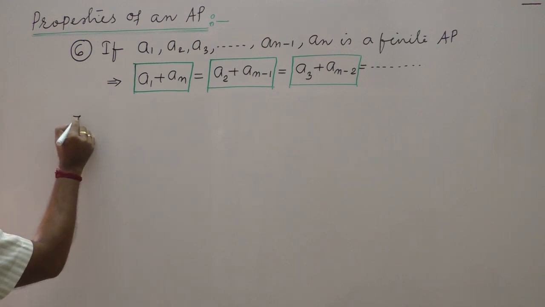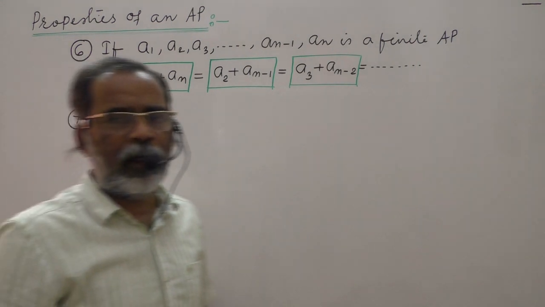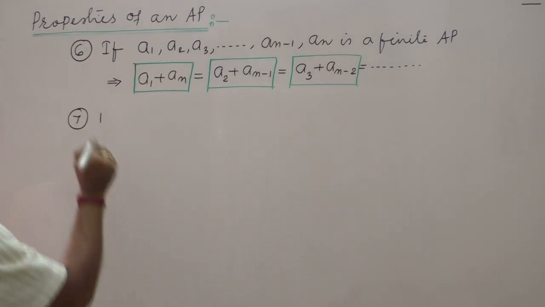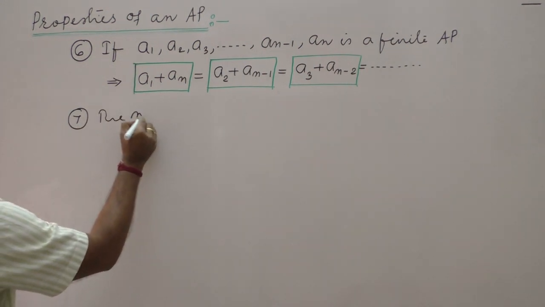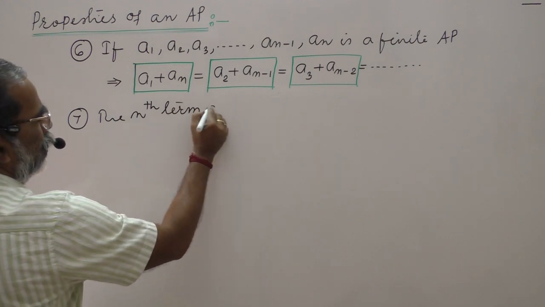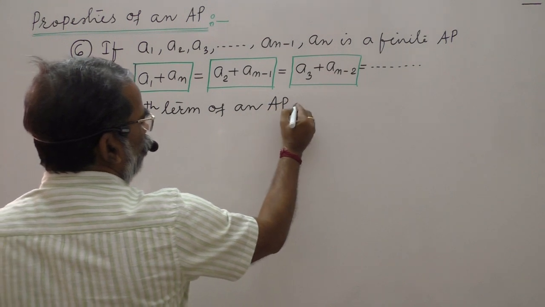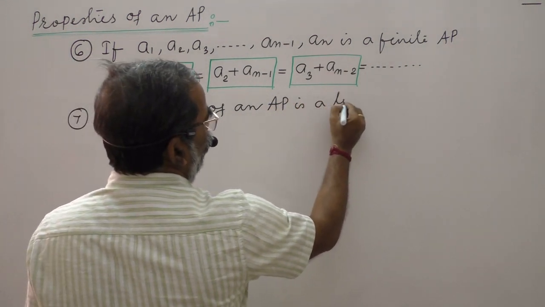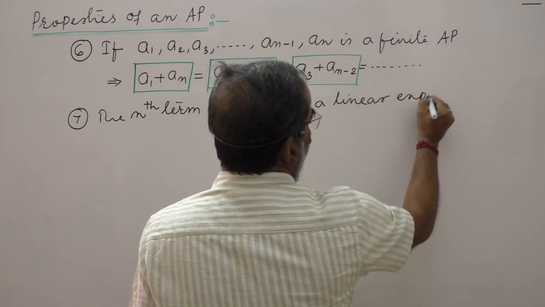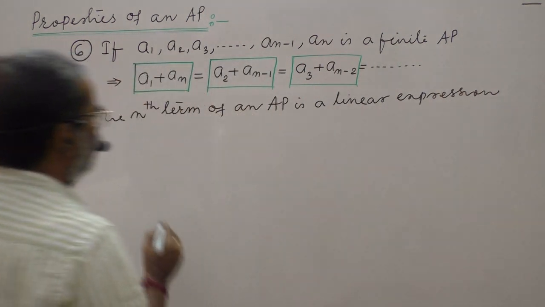Next we will see property number 7. If you take an AP series, you can write the nth term in terms of n. The nth term, that is the general term, of an AP is a linear expression in n.